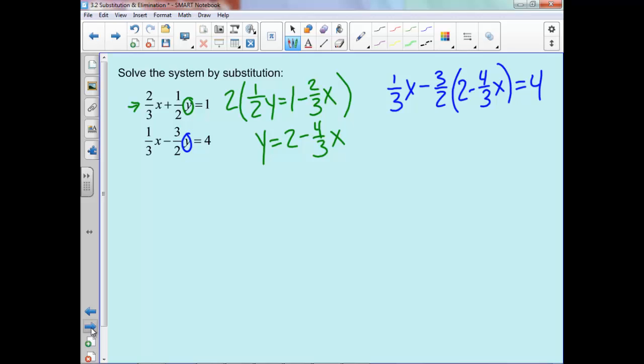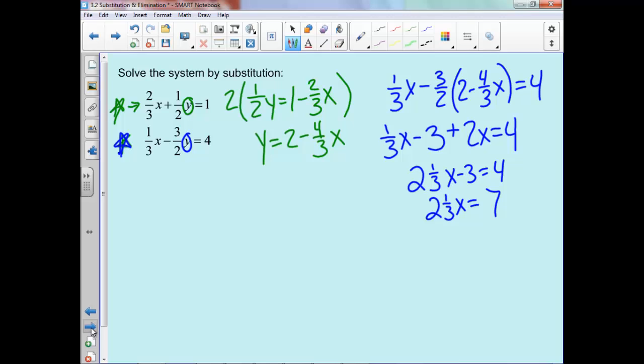Make sure when you're doing substitution, since we solved for this equation first, we then substitute it into the other equation. And it might help to change this 2 1/3 into an improper fraction, which would be 7/3 x.